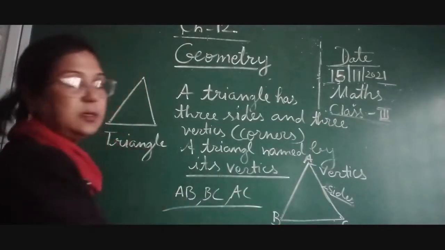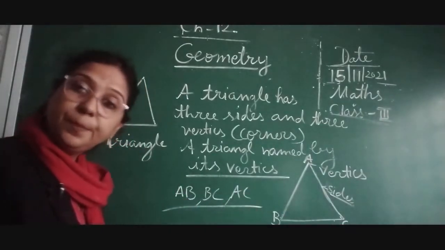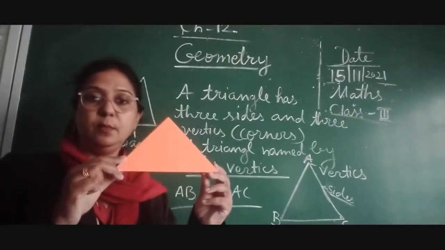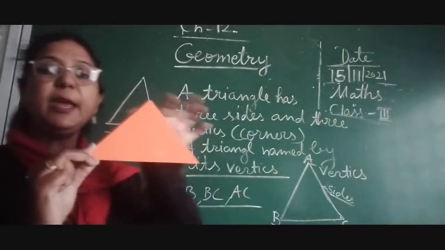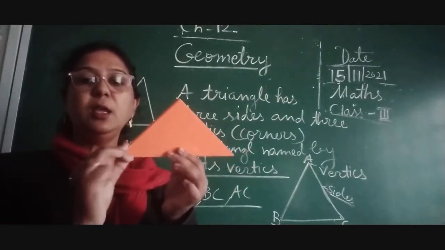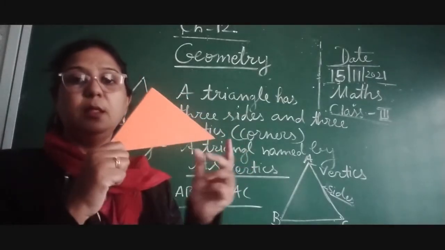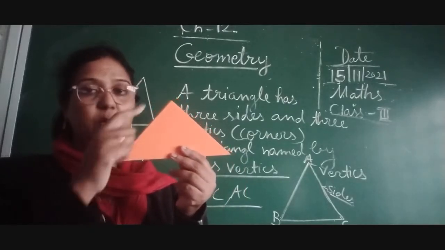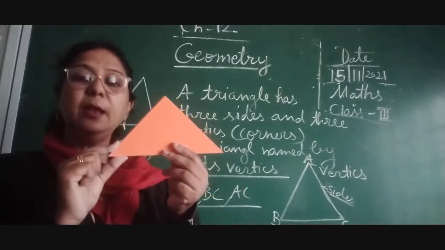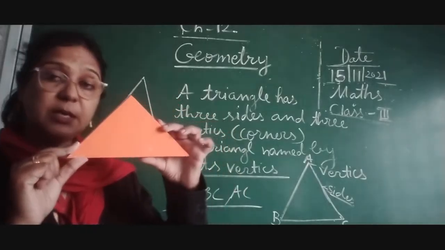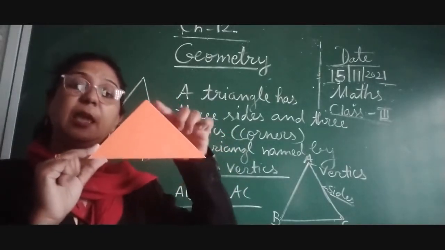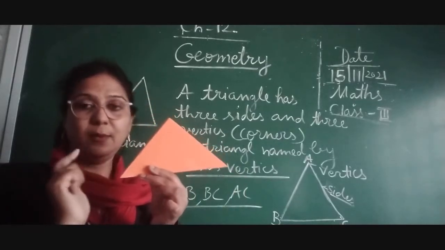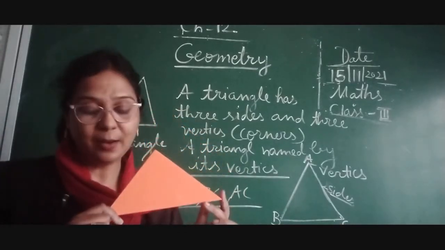These are the sides. So we will represent this triangle like this. It has three sides and three vertices. This is A, this is B, this is C, and we represent this triangle with the sides AB, BC and AC. So this is a triangle.